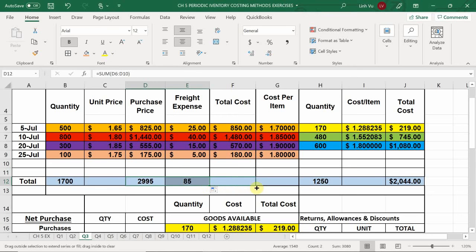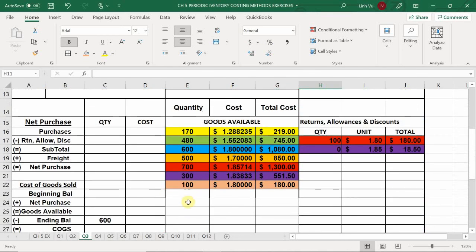And what was my total cost? $3,080. 3,080. Okay. 3,080. Okay. I'm also going to sum up my grand totals here.